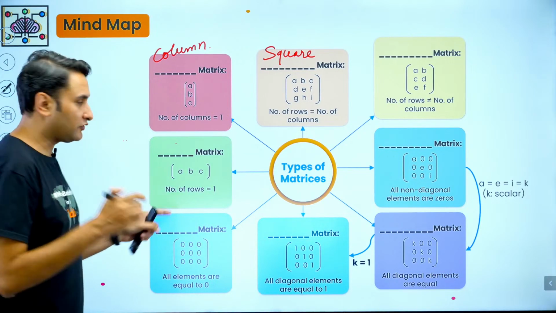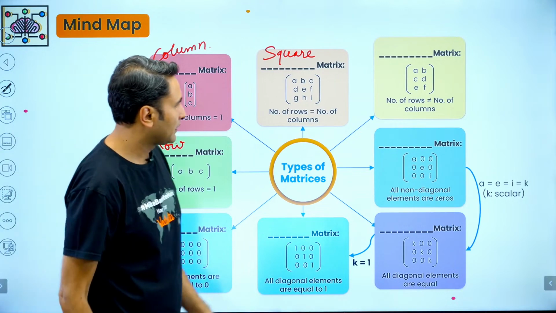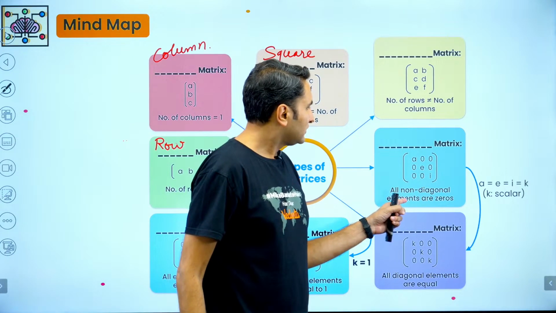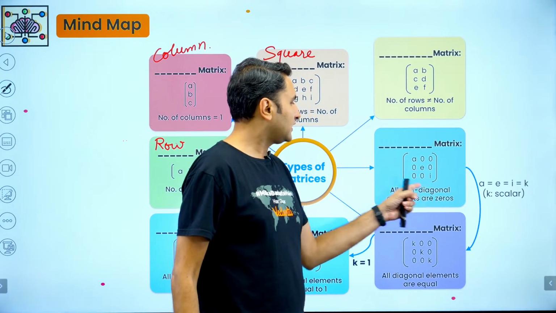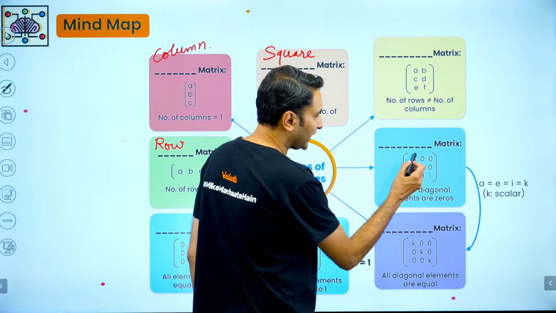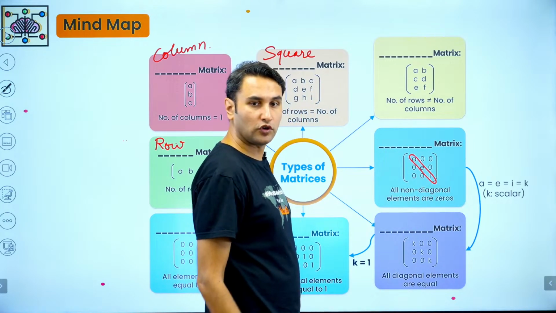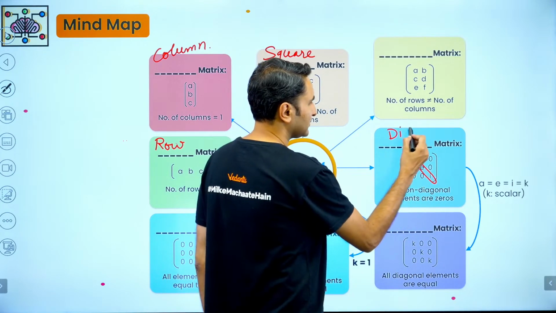Now, number of rows is only 1. We call it a row matrix. All non-diagonal elements are 0, so only the diagonal elements are remaining, rest are 0. So what do we call it? We call it a diagonal matrix.